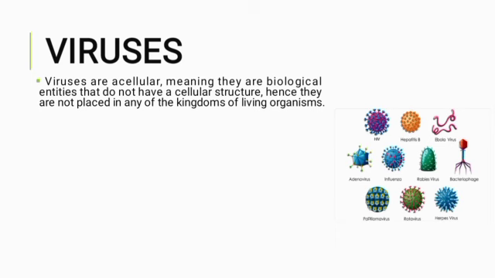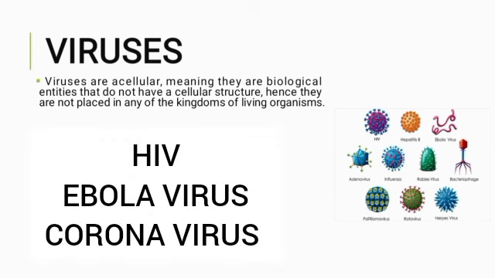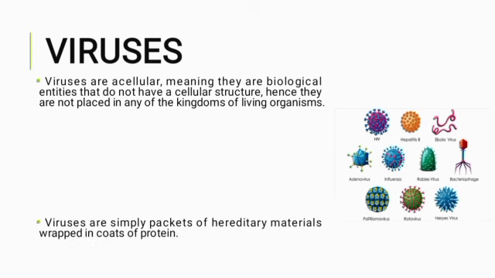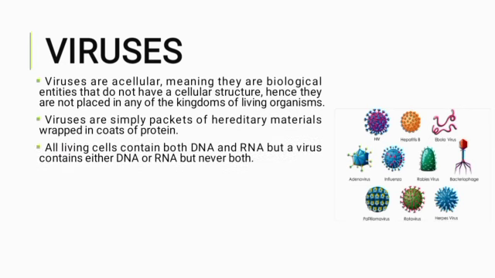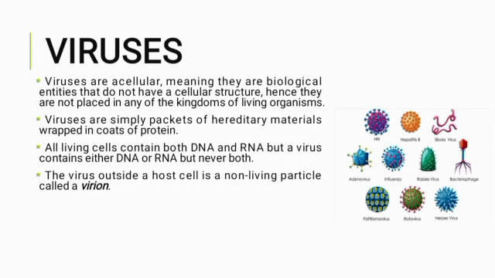So they have to hijack other cells and force other cells to make proteins for them. And this is why they become dangerous, because they begin to multiply and infiltrate or invade other cells. And before you know, they become infectious. And that is why somebody can be sick. The HIV, the coronavirus, and the Ebola virus, and all of that. So they are just basically packets of DNA or RNA, which are your hereditary materials, wrapped in coats of protein.